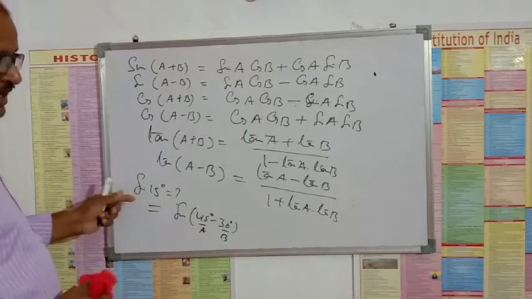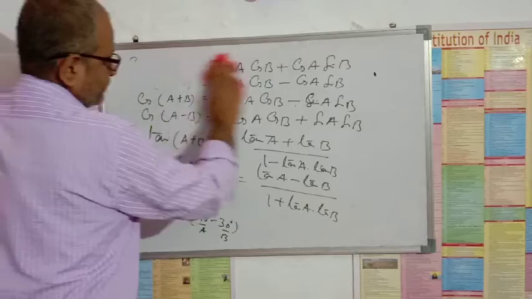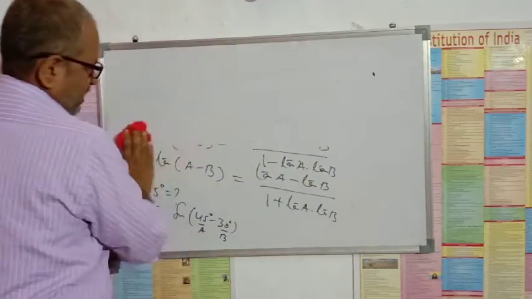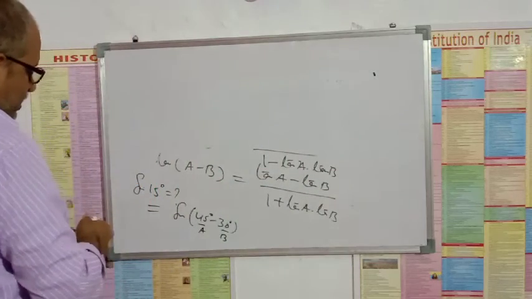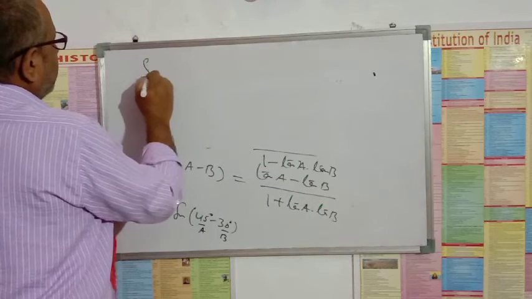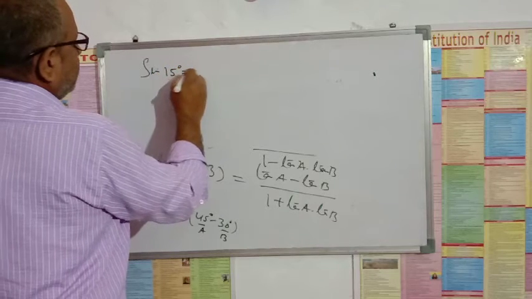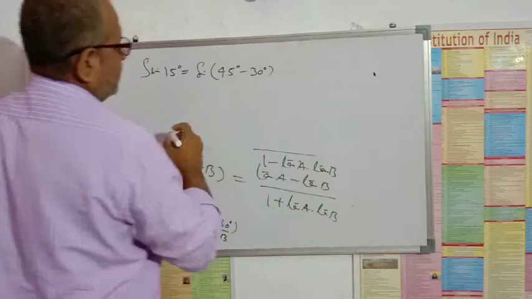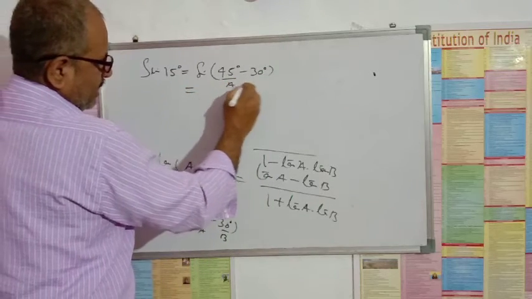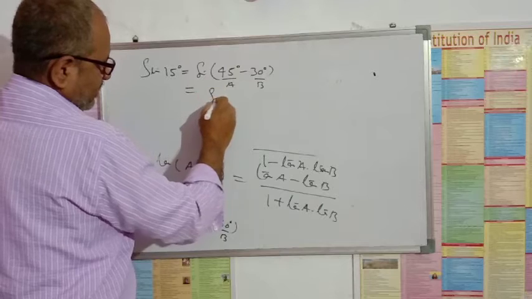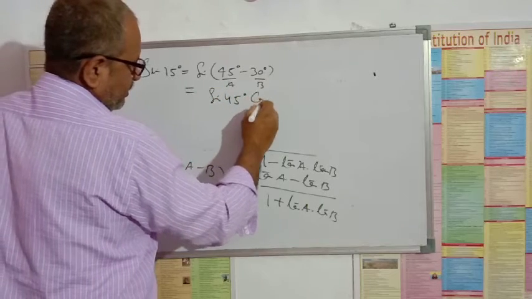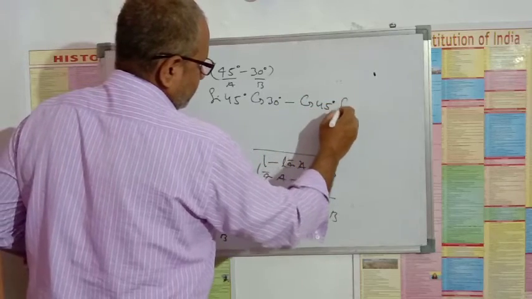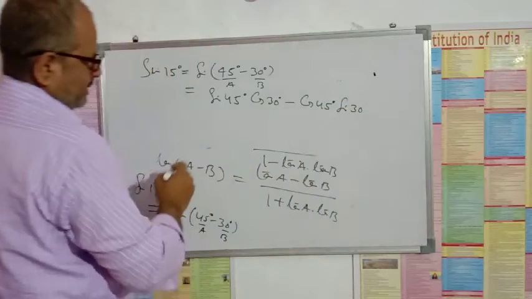So sin 15 degrees is sin 45 cos 30 minus cos 45 sin 30.